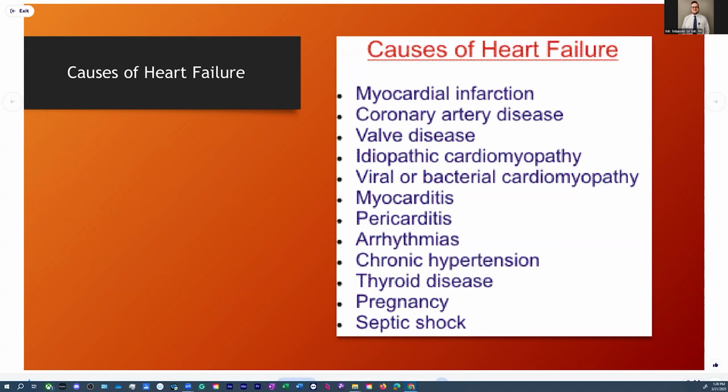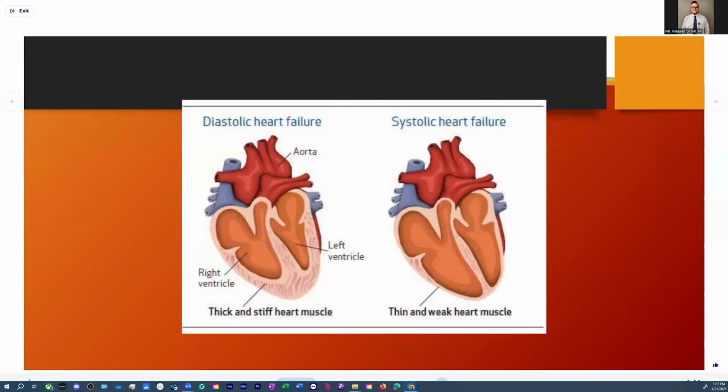Infections, myocarditis, endocarditis, pericarditis, any of the infections could affect the heart. Arrhythmia development can wear the heart out as well. Uncontrolled chronic high blood pressure, some thyroid disorders based on how they affect heart rate. Pregnancy can be really tough on the heart, and even sepsis, especially septic shock, that prolongs the whole body shock, is also a potential cause for heart failure.